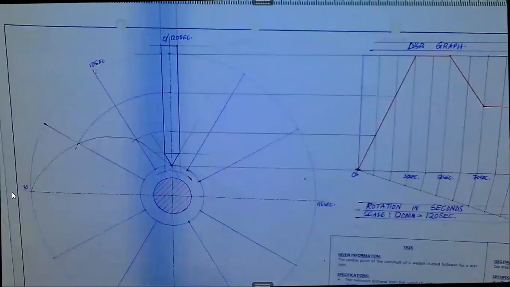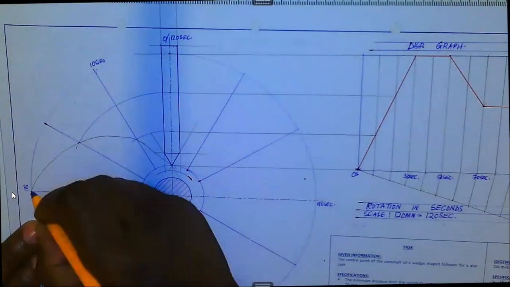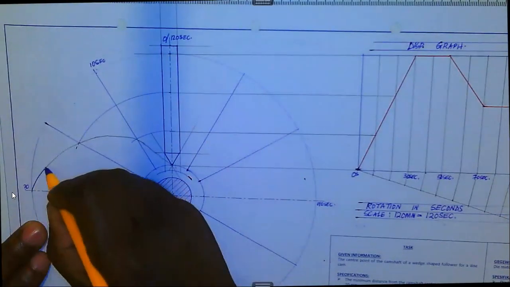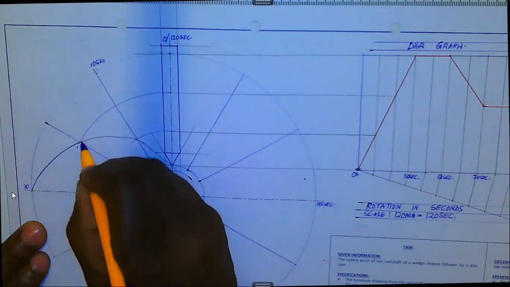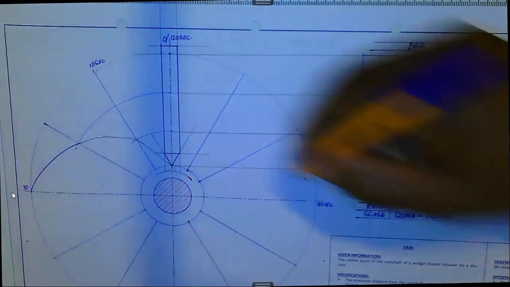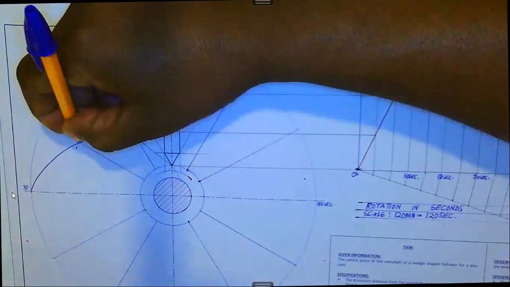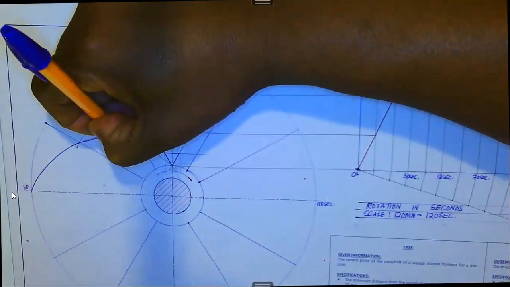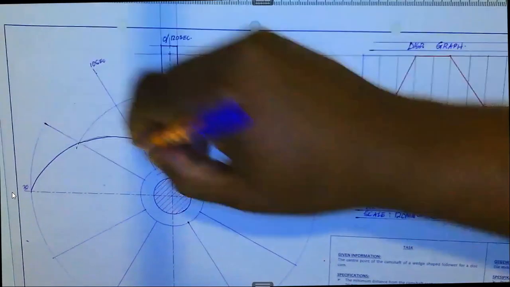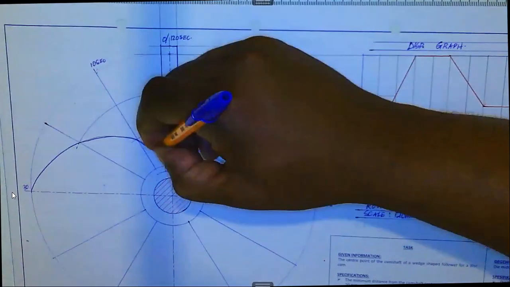So that is part of our cam disk. So I'm going to outline this. Outline that and even correct this like that.